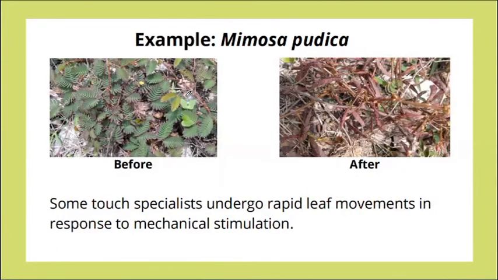An example of thigmotropism is Mimosa pudica, because some touch specialists undergo rapid leaf movement in response to mechanical stimuli. When the mimosa is touched, it collapses and the leaflets pull together.